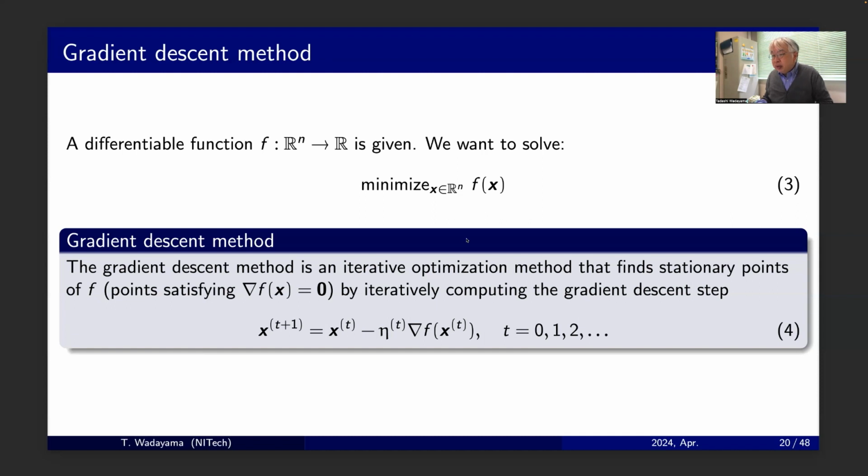That state is given by x_t minus eta times the gradient of f at the point x_t. Eta is a real constant that is called the step size parameter. Okay.